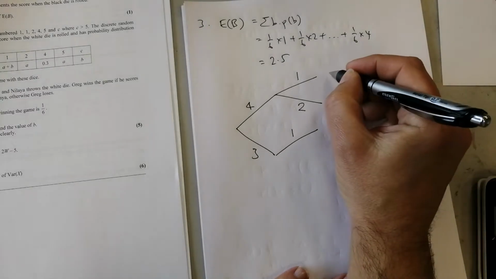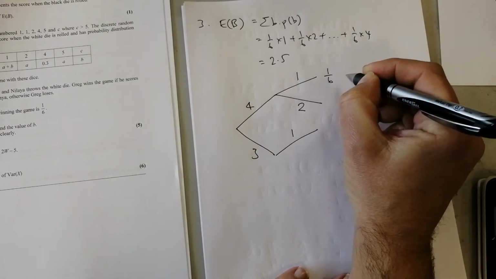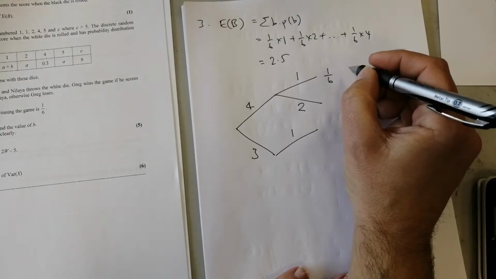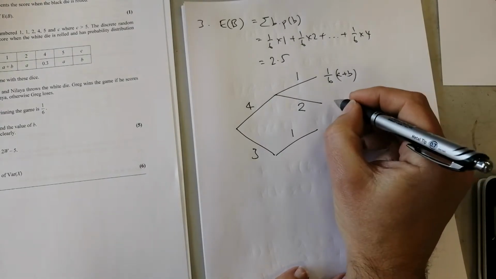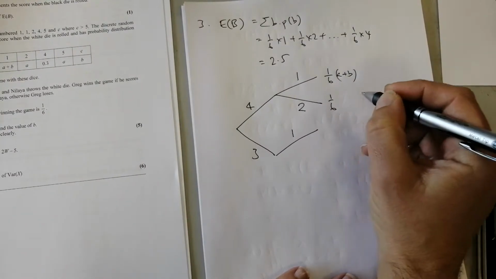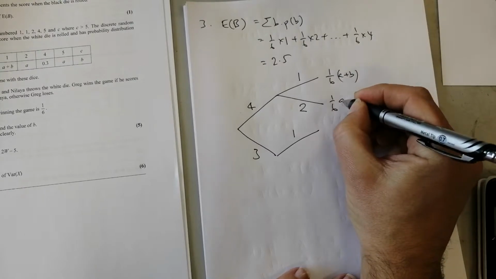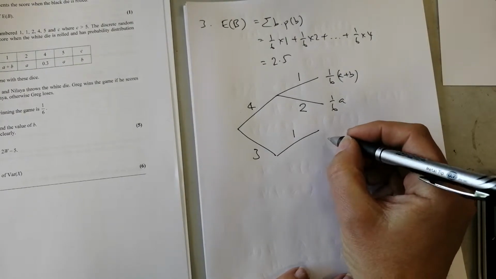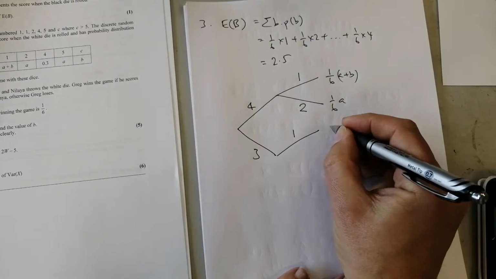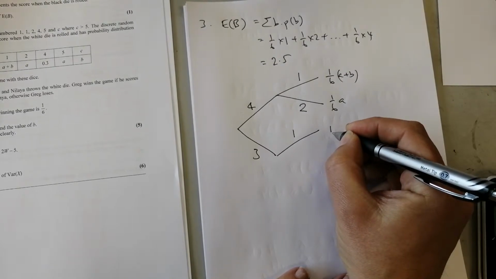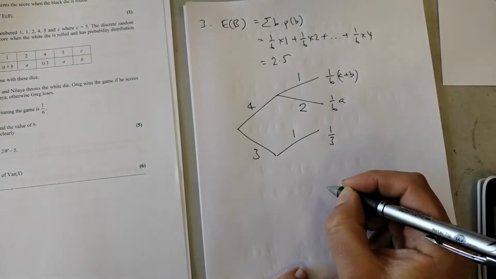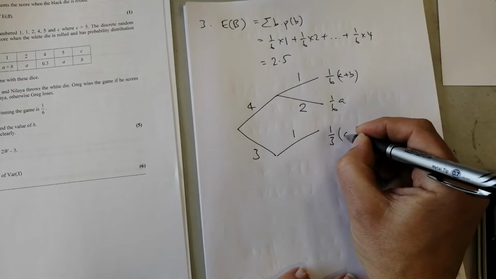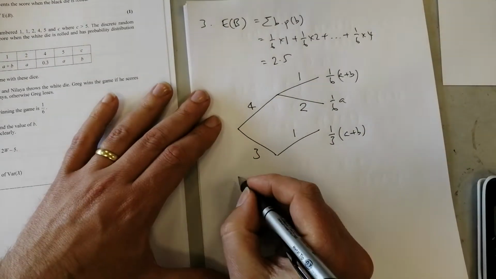So the chance of Greg rolling a 4 is a sixth. The chance of Nelia rolling a 1 is a plus b. The chance of Greg rolling a 4 is a sixth. The chance of Nelia rolling a 2 is a. The chance of Greg rolling a 3 is 2 out of 6, so a third, and the chance of Nelia rolling a 1 is a plus b.